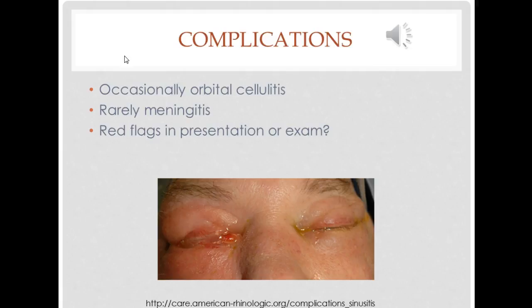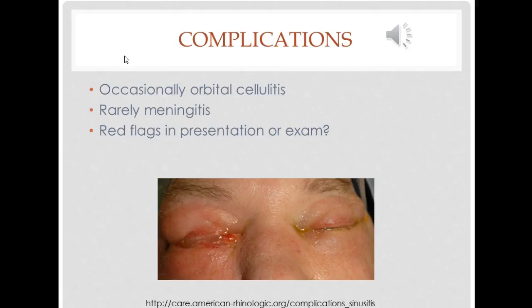While not a complication, I want to just emphasize that occasionally we can have concurrent dental abscesses with these cases. Happily, a dental abscess will respond to the same antimicrobials, and basically, if it was the root cause of things, pardon the pun, you do want to make sure that there is a dental referral if the patient also identifies that they have toothache and you can see obvious infection in the oral cavity.